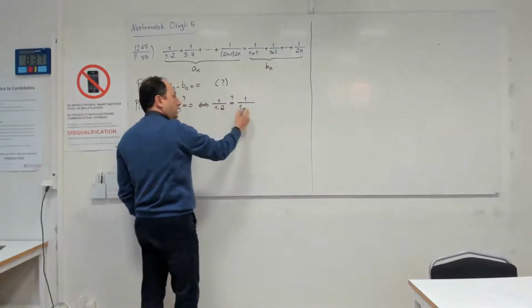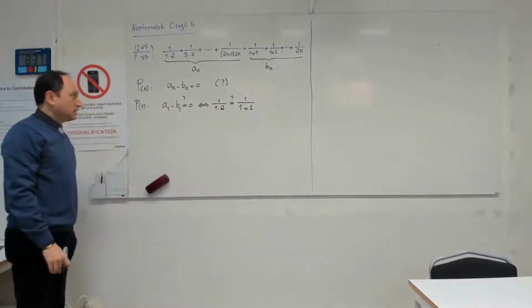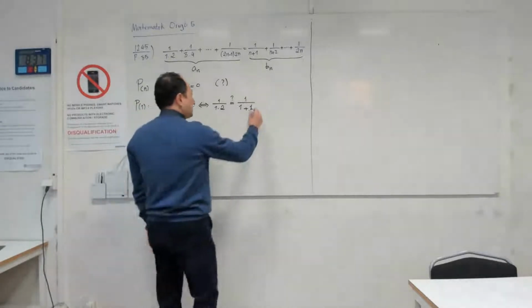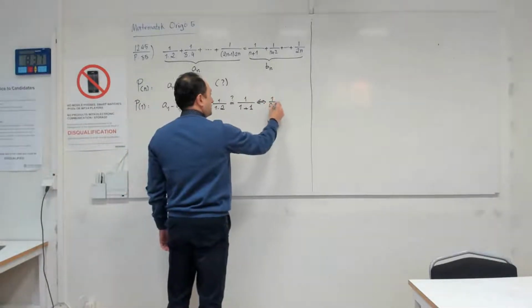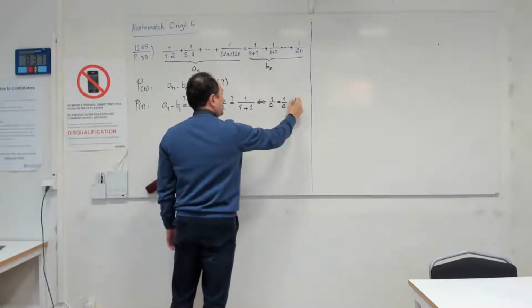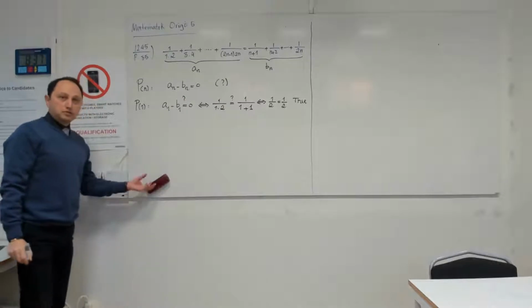But n is 1, so when I write 1 plus 1, I have to stop there. Yes? This is completely clear. This is true, because this is 1 over 2 and this is also 1 over 2. So P1 is true.